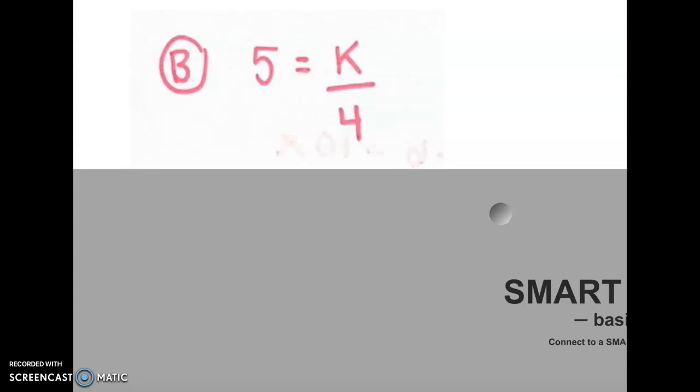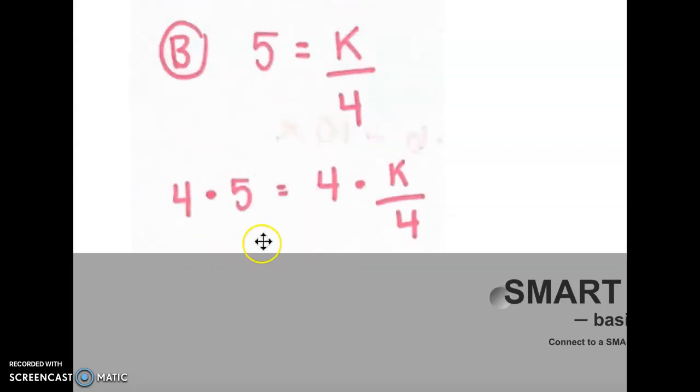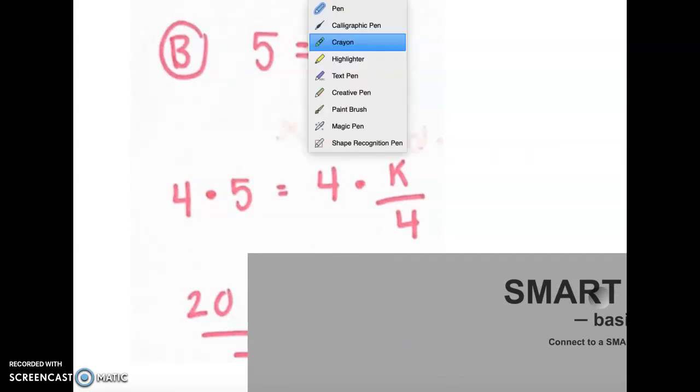So if we think back to our inverse operations, the inverse of divide is multiply. So here, to undo dividing by 4, we need to multiply both sides of the equation by 4. On the left-hand side, 4 times 5 is 20.